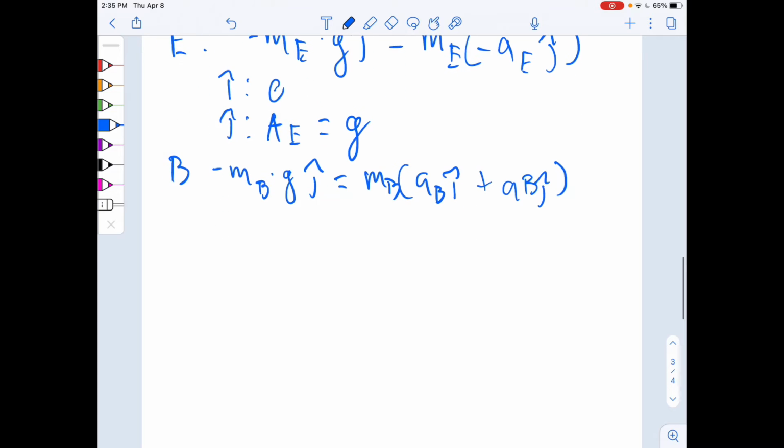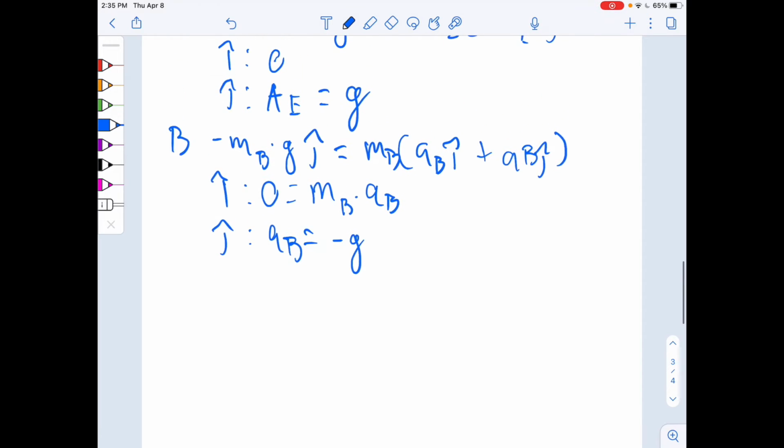When we get our scalar equations for this, in the I direction, 0 is equal to mB times the acceleration of B, since there are no forces in the I direction. And for J, the acceleration of B is equal to negative gravity.